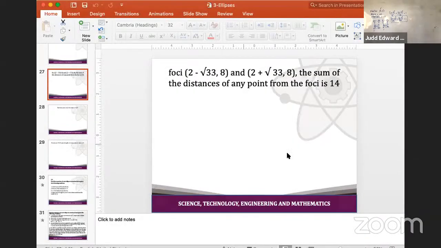So let's now have the last example. For the last example, we are given these points. We are given the foci. Sabi dito, yung foci daw is located at 2 minus square root of 33, 8, and 2 plus square root of 33, 8. So the sum of the distances of any point from the foci.